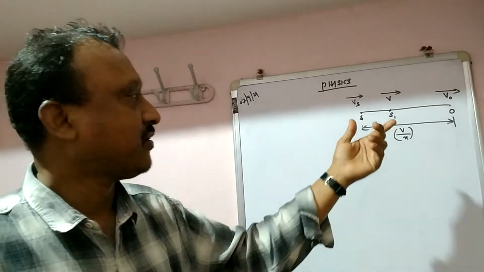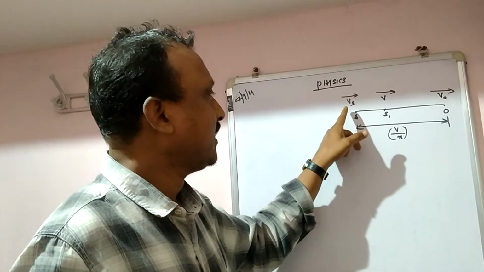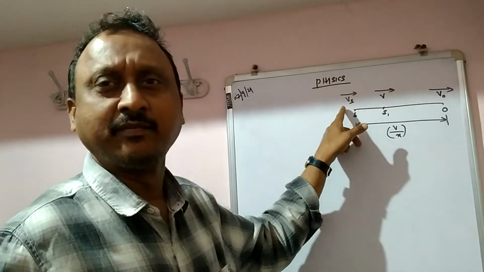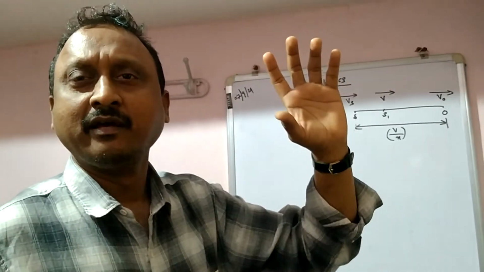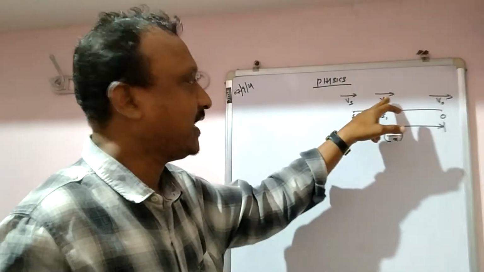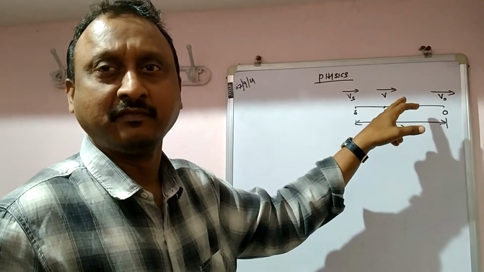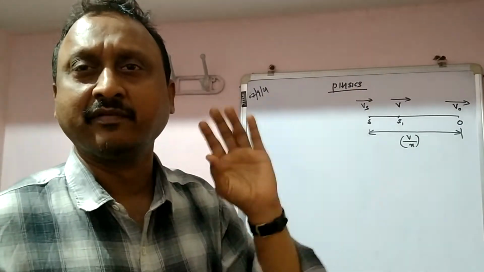Now you can see on the board I have drawn a small figure. Vs is the velocity of the source of sound, like an aeroplane, a train or a bus which is producing sound in the air. V is the velocity of sound in the air. V0 is the velocity of the observer.